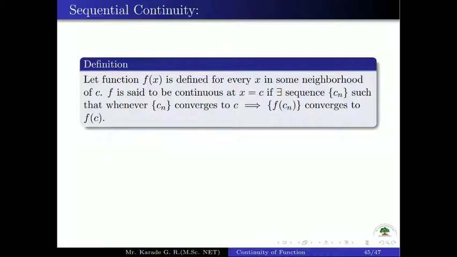So, sequential continuity. Let function f(x) be defined for every x in some neighborhood of c. f is said to be continuous at x = c if for every sequence c_n, whenever c_n converges to c, f(c_n) must converge to f(c).